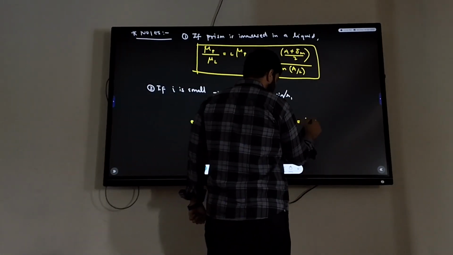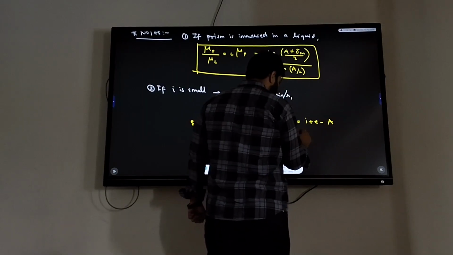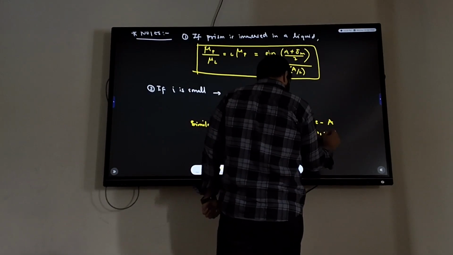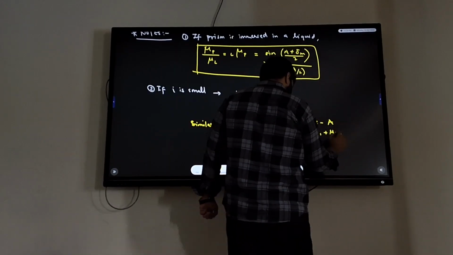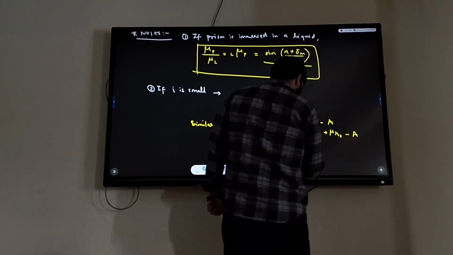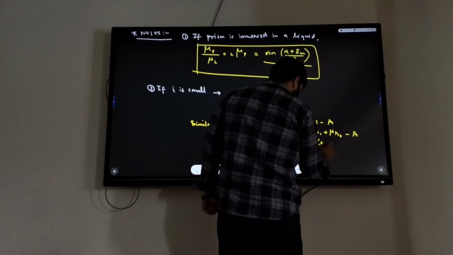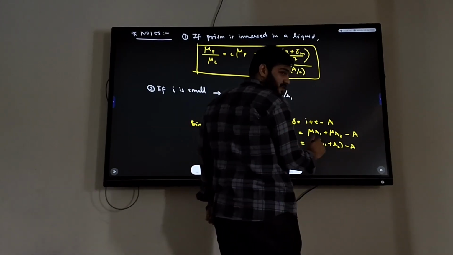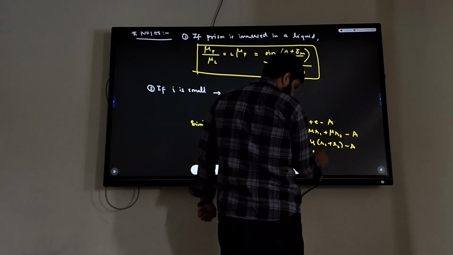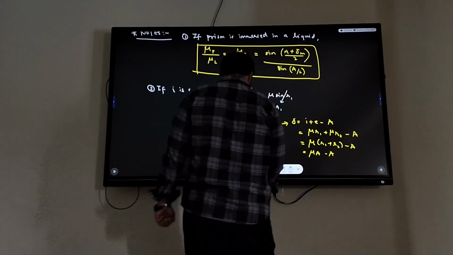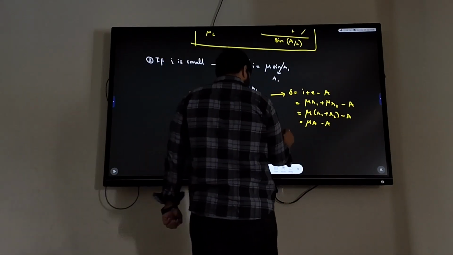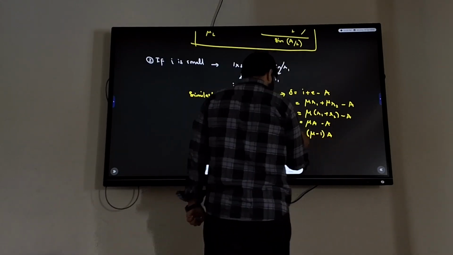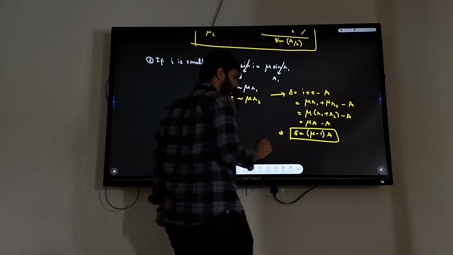Delta was I plus E minus A, and this is mu R1 plus mu R2 minus A. If I take mu common, R1 plus R2 minus A, but then R1 plus R2 is A, so mu A minus A. I can take A common, and then what will I get? Delta is mu minus 1 into A. That's a direct relation if your angle is small enough.